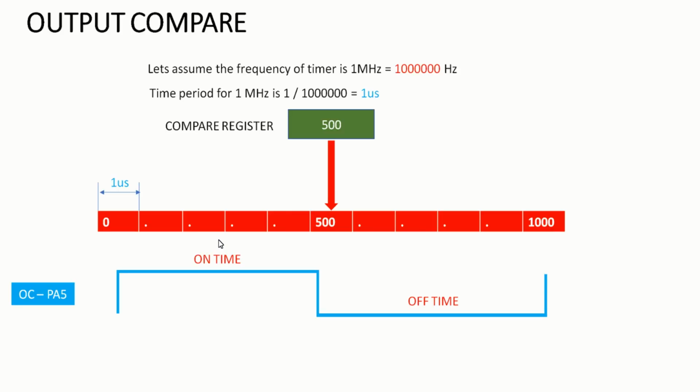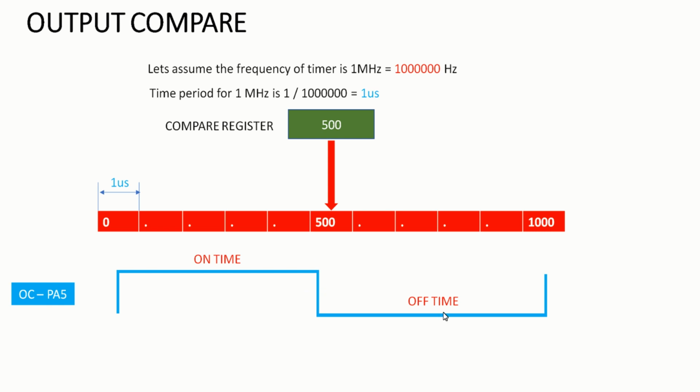The compare register is often used in PWM mode for setting the duty cycle of the PWM signals. Initially when the timer starts, the output compare pin or the PWM channel will be made high, and when the compare match happens between the timer count value and the compare register value, the output compare pin will be made 0.